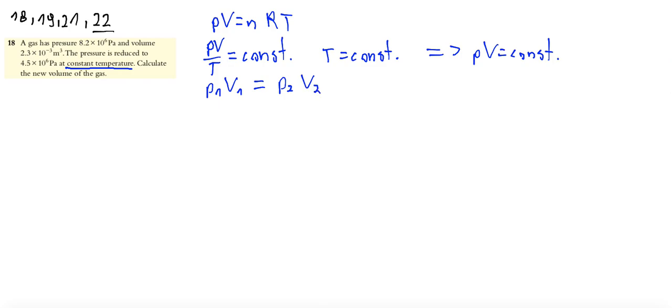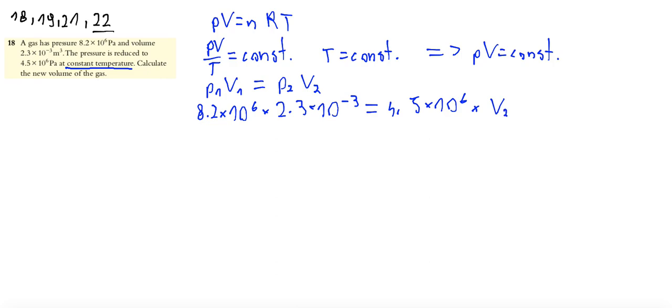And we know pressure 8.2 times 10 to the power of 6 standard units, volume 2.3 times 10 to the power of minus 3 standard units must be equal to new pressure 4.5 times 10 to the power of 6 standard units, and new volume, let's name this V2.